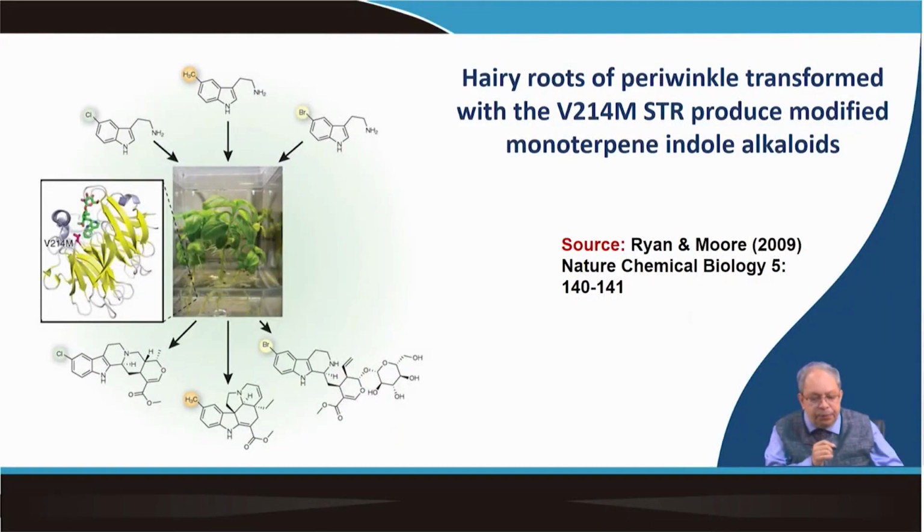Okay. And finally, I have talked about the concept of metabolic reprogramming. This is where, in the strictosidine synthase gene, they made a single amino acid substitution, valine replaced with methionine at position 214.